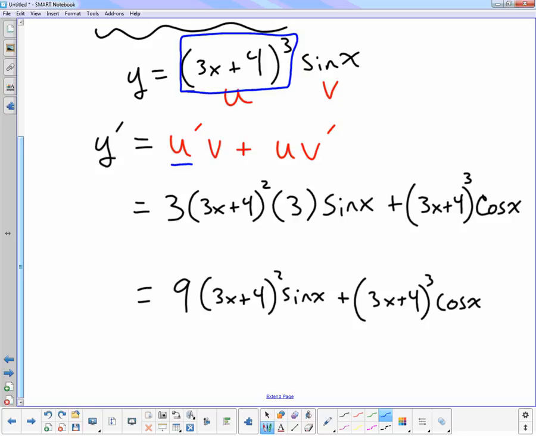So the outermost wrapper is a cube. So I take the derivative of that, and I wind up with 3 times (3x plus 4) squared. The exponent becomes a coefficient, you reduce the exponent by 1. Now, that's my outer layer. Now that I've pulled the wrapper off of the box, I can go inside and take the derivative of what's in the box. And what's in the box is 3x plus 4. The derivative of him is just 3.